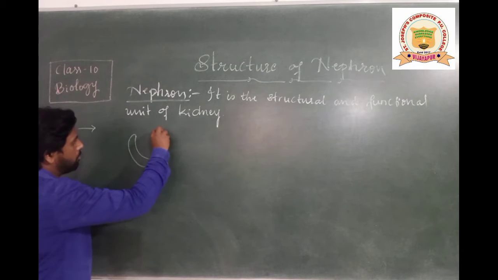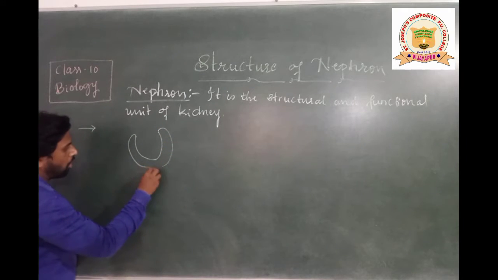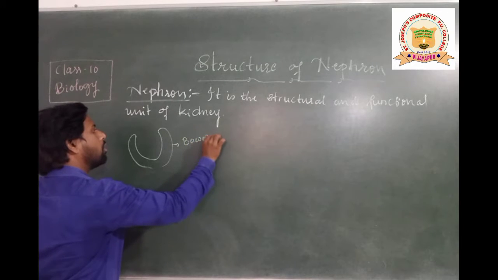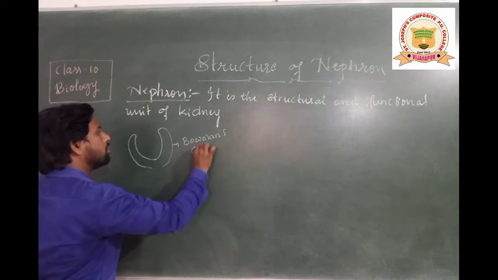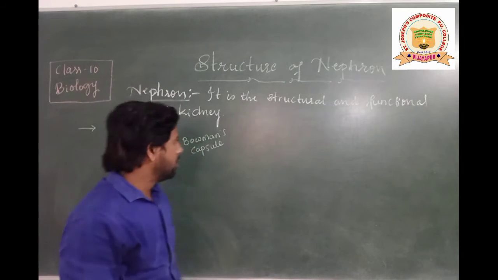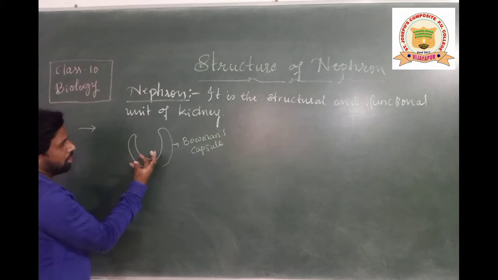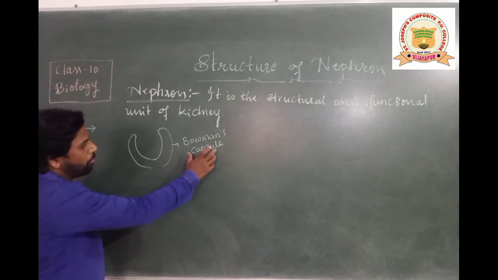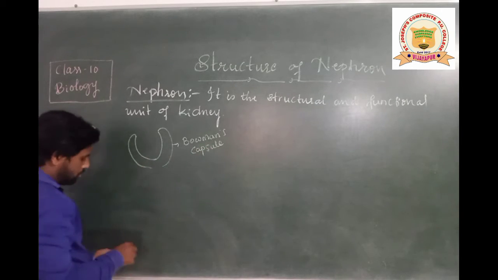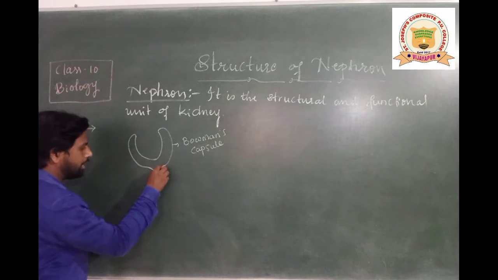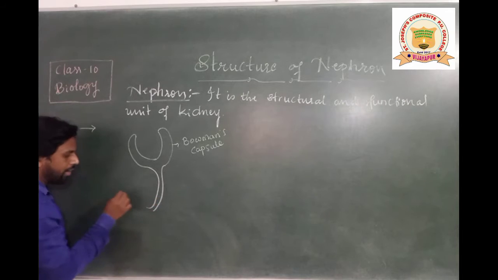This cup shaped structure is called Bowman's capsule. A cup shaped structure in a nephron is called what, students? Bowman's capsule.